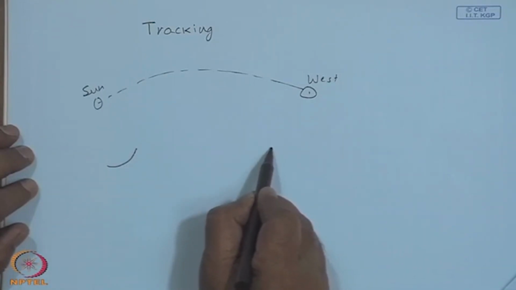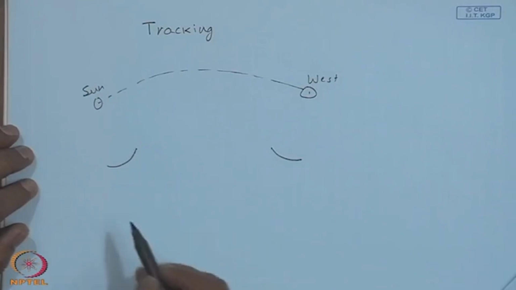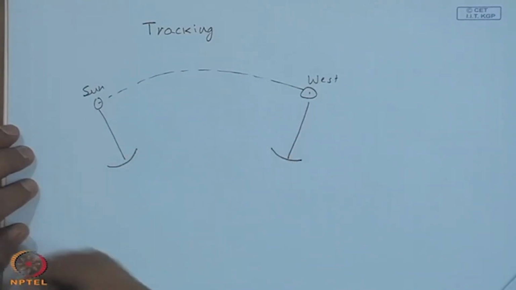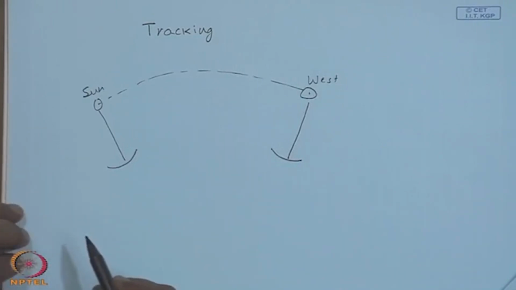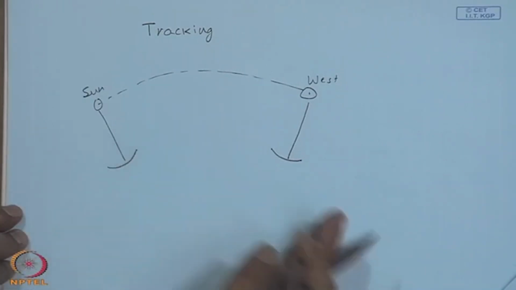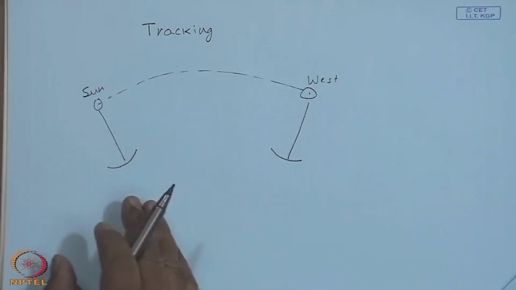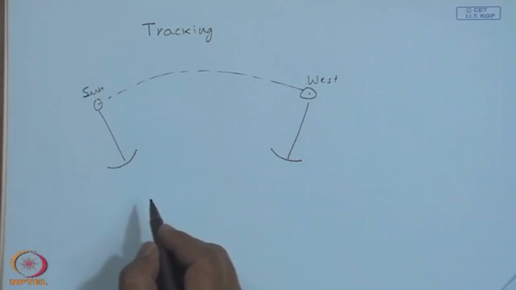Okay, it does not move, but just to emphasize, this is here and this is here, normal to the aperture plane. So, this has to turn from east to the west, whatever may be the angle, that we do not know still. So, this requires tracking, otherwise it does not work.